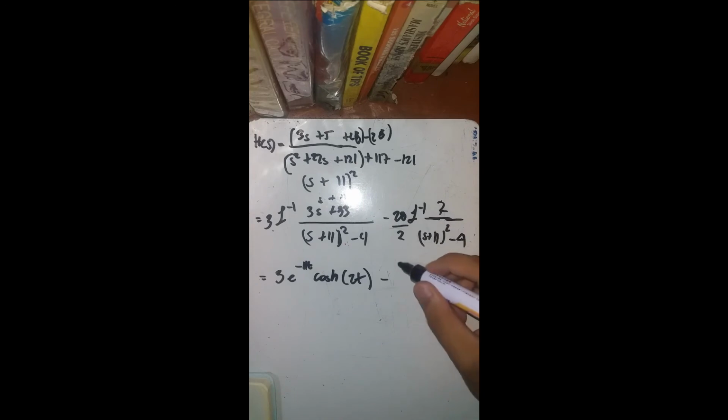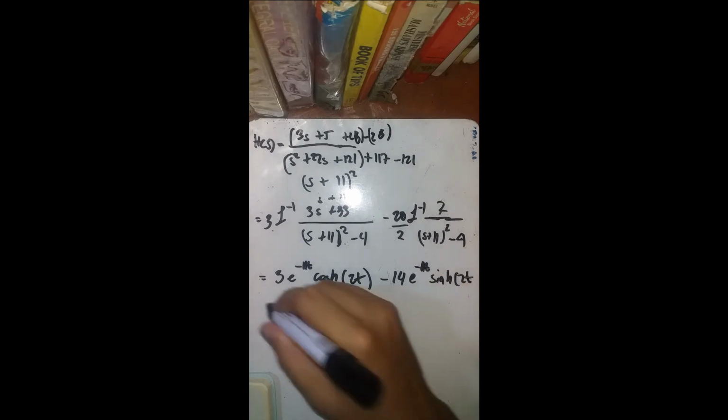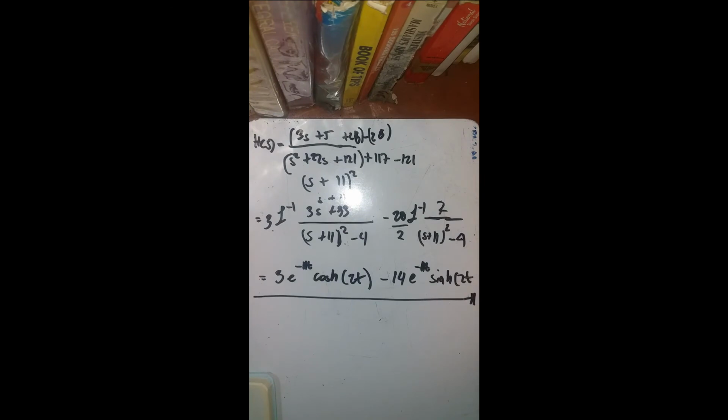This will become 14, and now we have sine hyperbolic, and don't forget e raised to negative 11t sine hyperbolic of 2t. So this will be your final answer for your C.